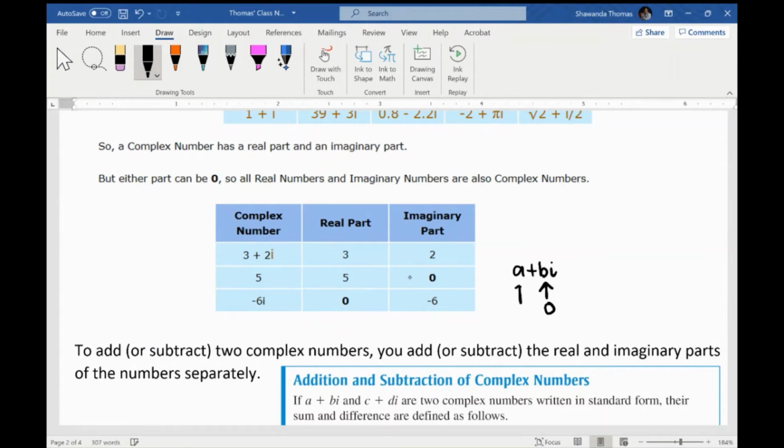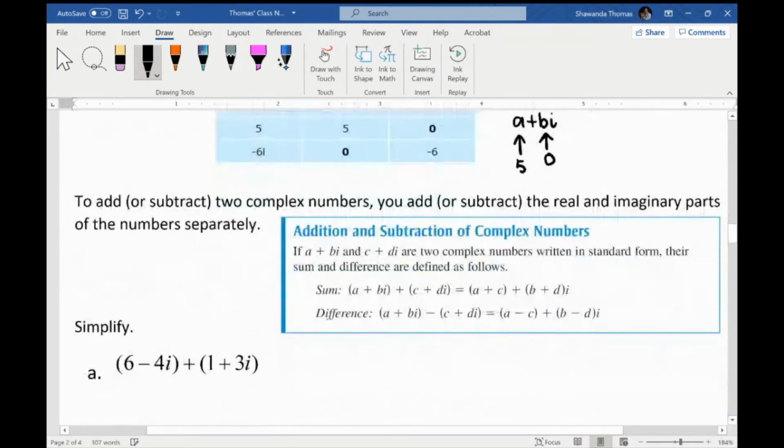So let's just say a was 5, but b had to have been 0. The next one, -6i. The real part this time would have to be 0, and the imaginary part is -6.